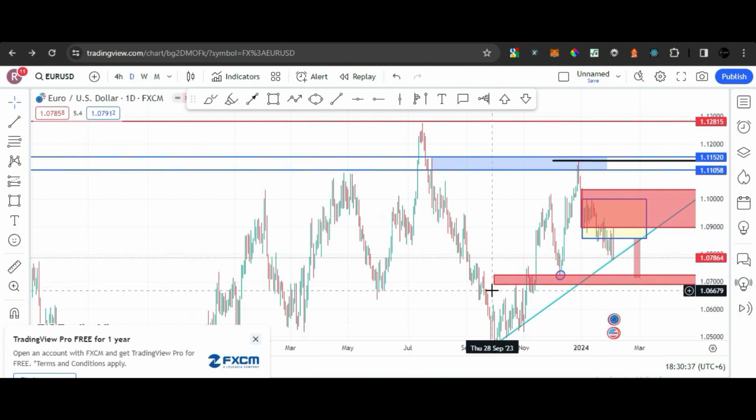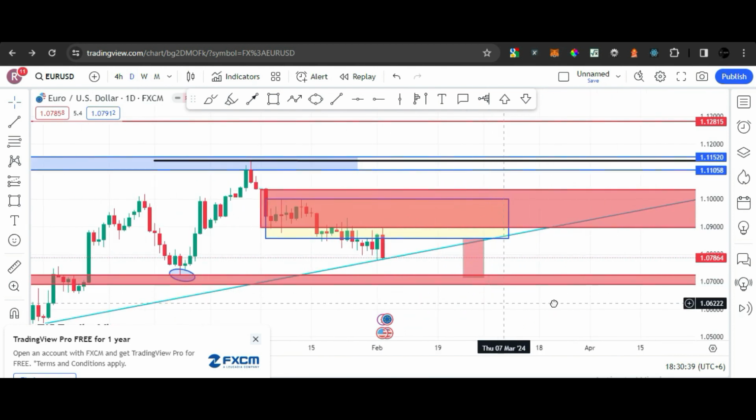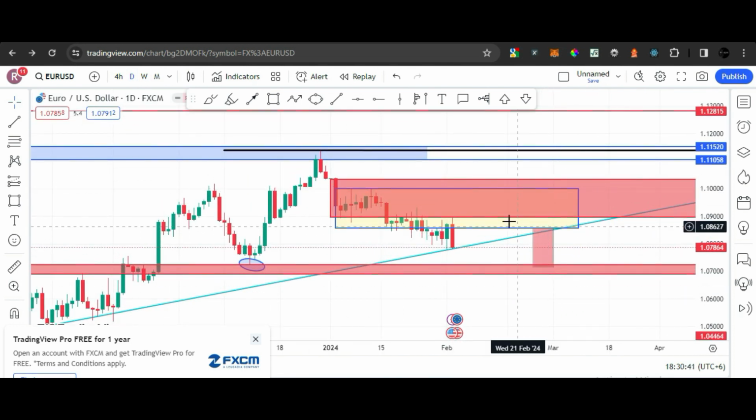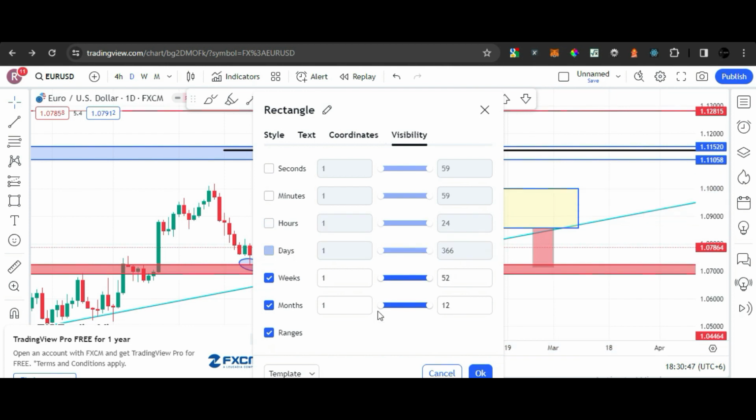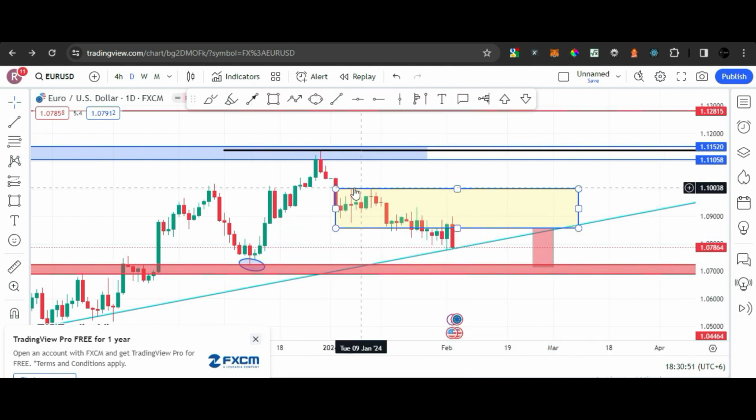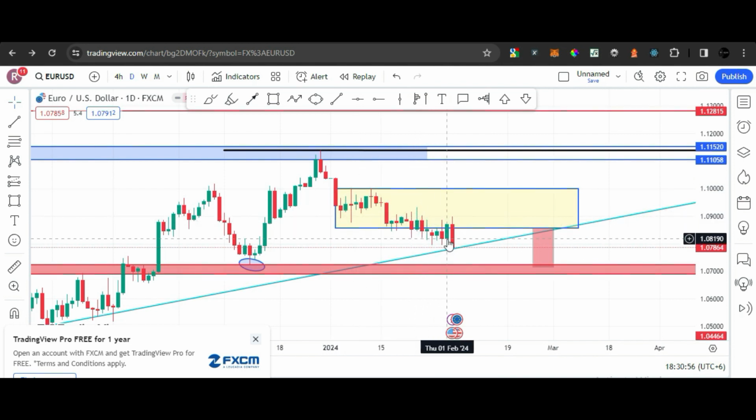Coming back to the day time frame, now this was the box I have drawn. Let me take it out for a few seconds so we can see a lot of things here. We will enable it later, don't worry. This was the box I drew that was ranging for a long time, and it tried to break once it touched the weekly trend line and it started moving up inside the box.